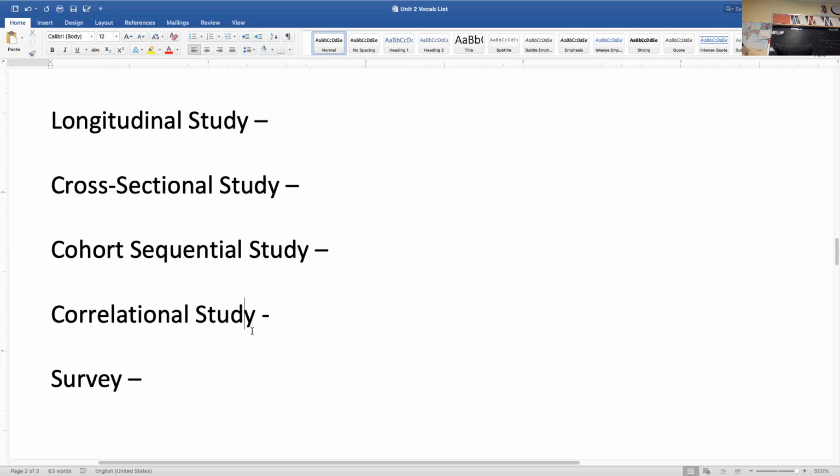All right, so let's go over here. Correlational study. What is it? What do we got? Connor, what do you have for a correlational study? Yeah, good job. So it's the relationship between two variables. You're seeing how they correlate. Make sense?